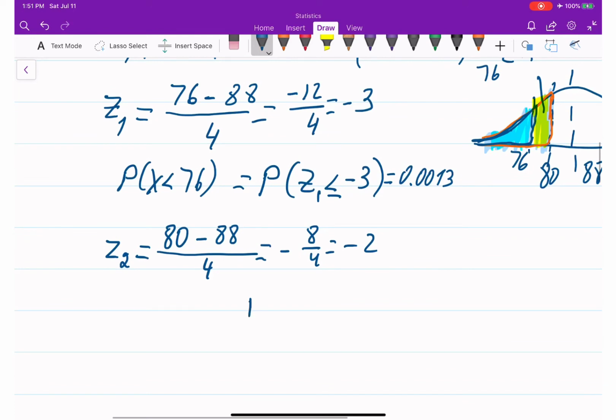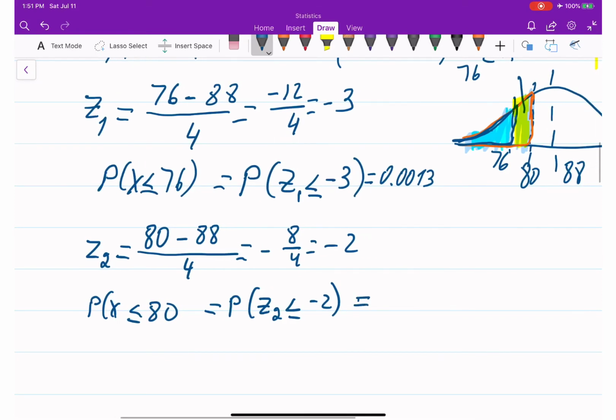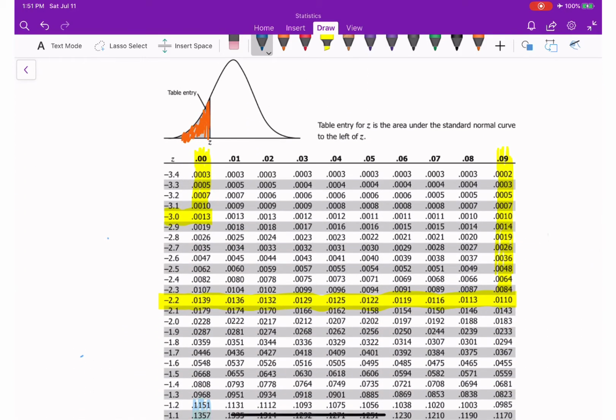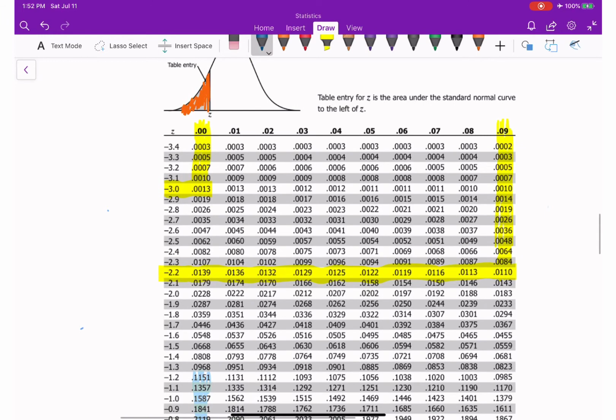So the probability of Z2 less than or equal to negative 2 is equal to the probability of x less than or equal to 80. We put equal here also because it can be equal. Going back to the negative page again. Here it is. Where is my negative 2? Right here.